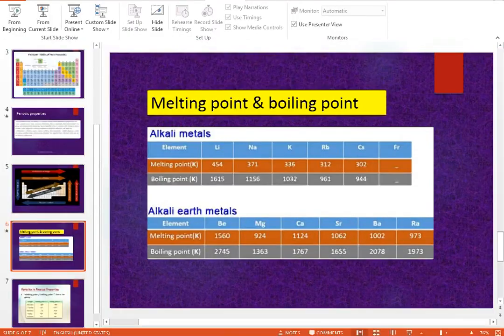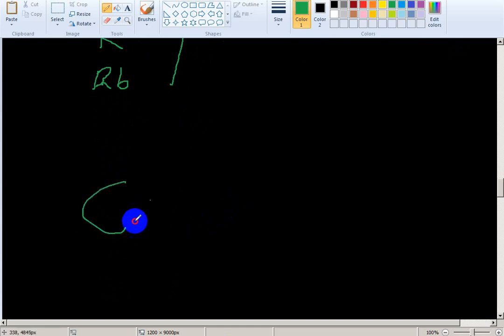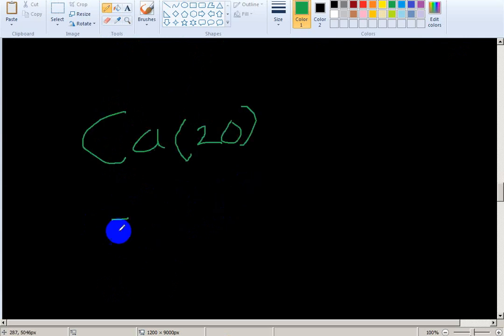What is the electronic configuration of calcium? Atomic number 20, argon core, then 1s2, 4s2.